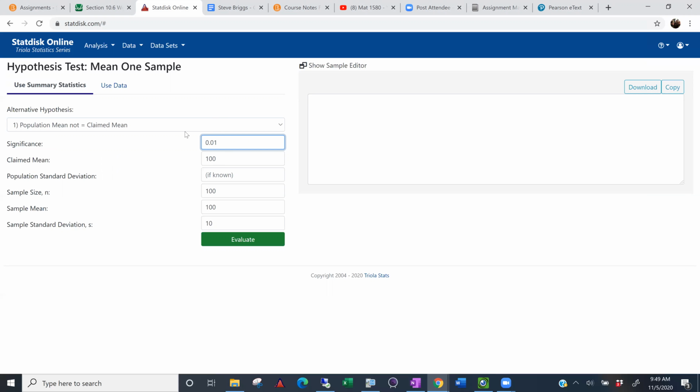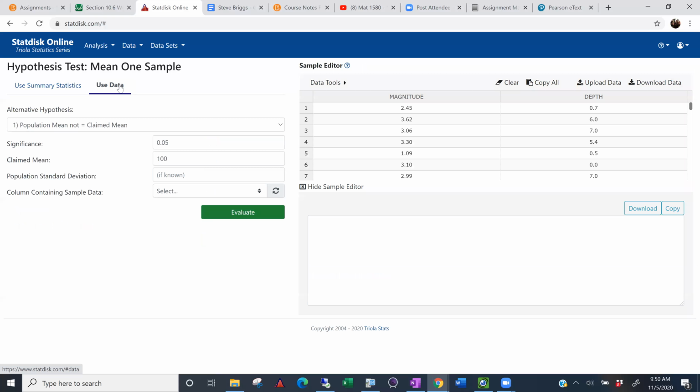You know what though? Before I get too far on this, let me go up here and click use data, because we actually have the data here. And yeah, so click use data and it reset my significance level, which is unfortunate. Claimed mean. Well, the claimed mean was 5. That comes from your hypothesis.